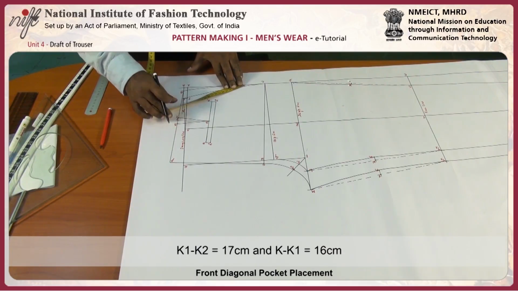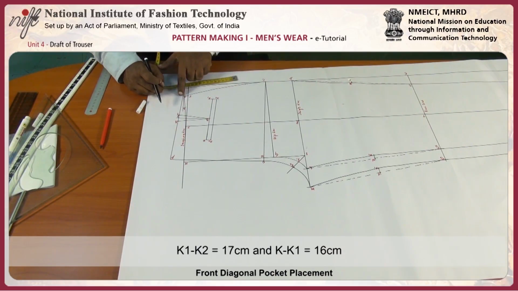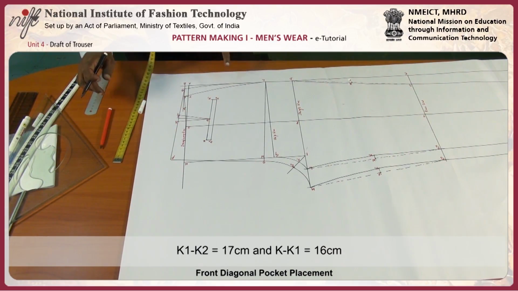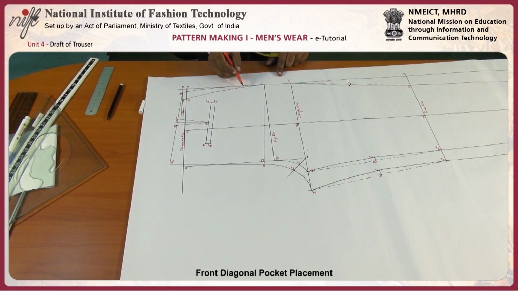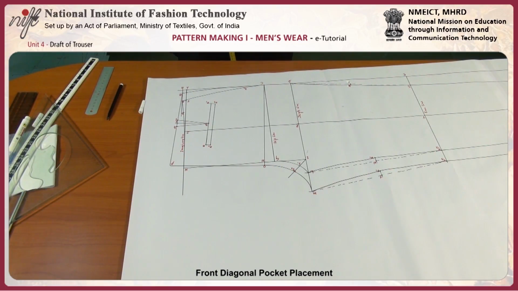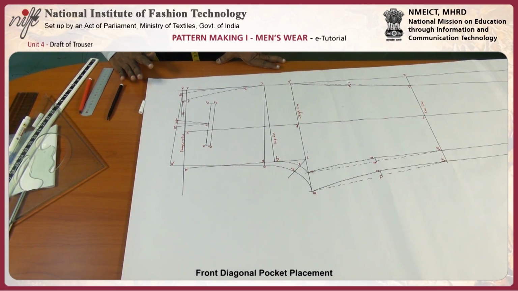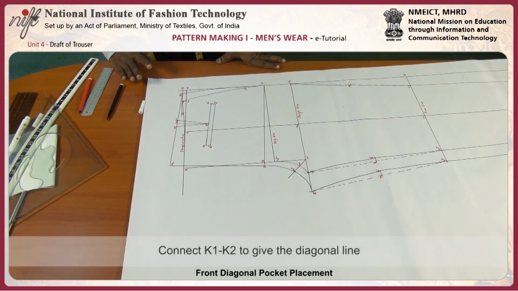This will be 17 centimeter and this will be 16 centimeter, so that you get point K2. Draw K1, K2 16 centimeter and 17 centimeter as shown in the figure.